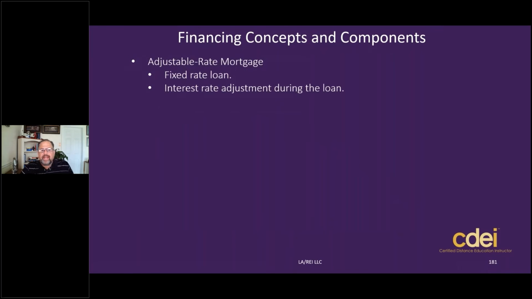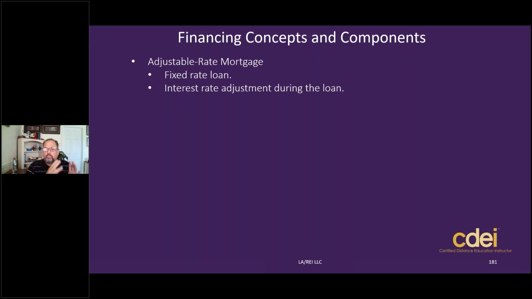The next one we're going to look at is an adjustable rate mortgage, or what they call an ARM. Okay, an ARM, adjustable rate mortgage. This is also a fixed rate loan. It's amortized over 30 years, with equal installments, equal payments. The payments can adjust through the period of the ARM, up to 30 years, because of the interest rates adjusting either up or down.